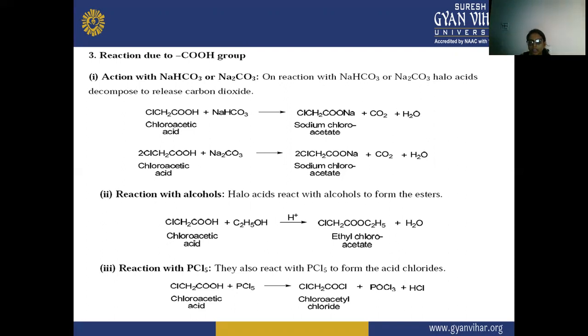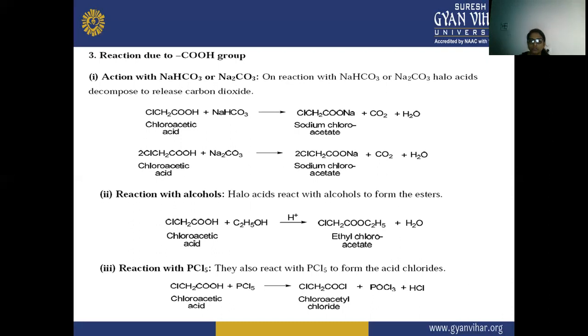So this is the derivative of the carboxylic acid that is formed here, plus POCl3 and HCl.